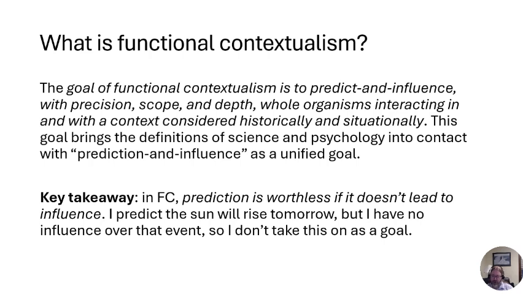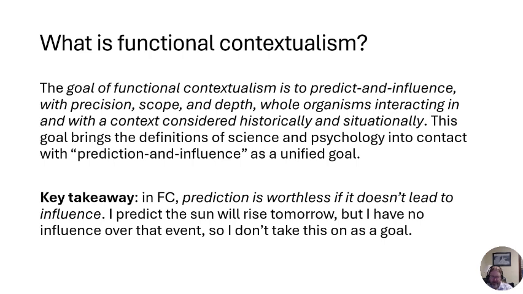The goal in functional contextualism is to predict and influence with precision, scope, and depth whole organisms interacting in and with a context considered historically and situationally. We'll unpack a couple of those terms in a second. But I really want to bring your attention to this predict and influence. And you'll see it's got the hyphens to connect them together.